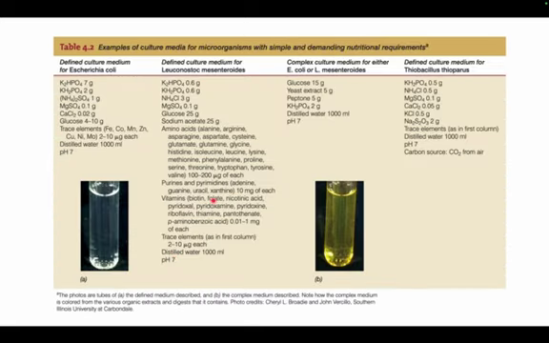So, if we want to create a culture medium, we should have a balance of all these elements within it in a suitable ratio so that it can support their growth.